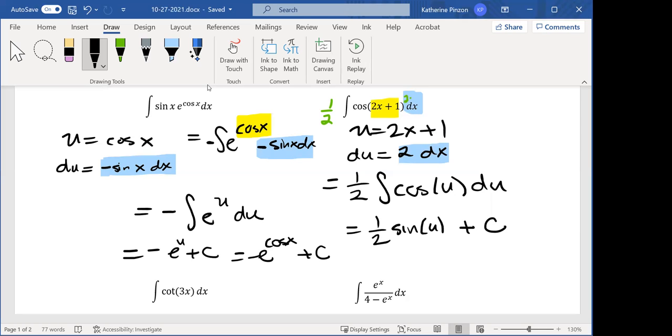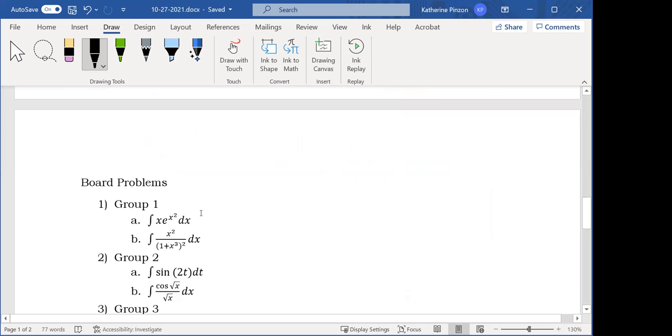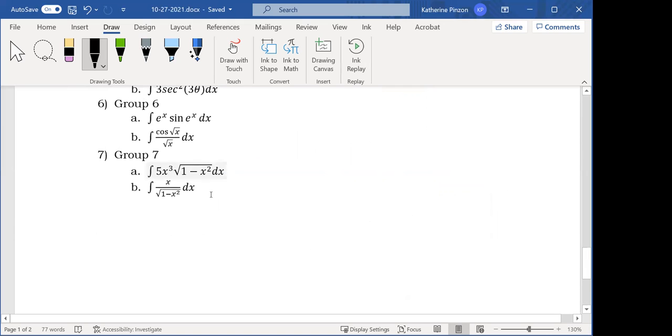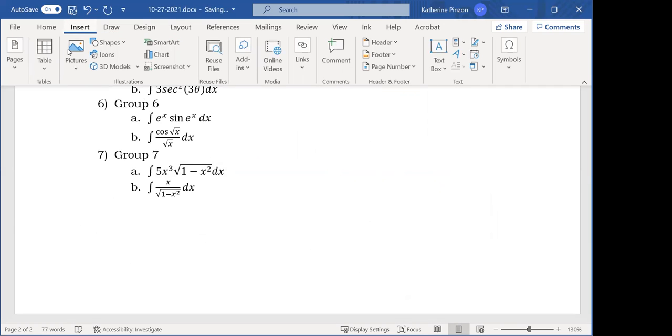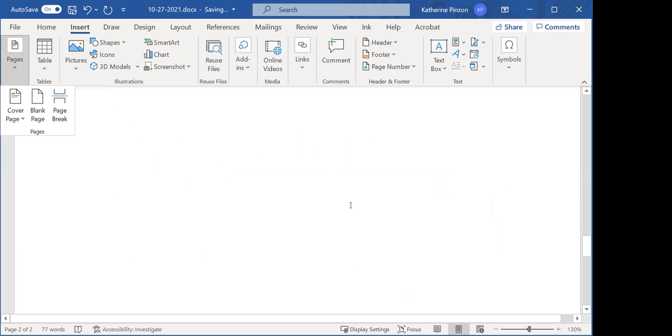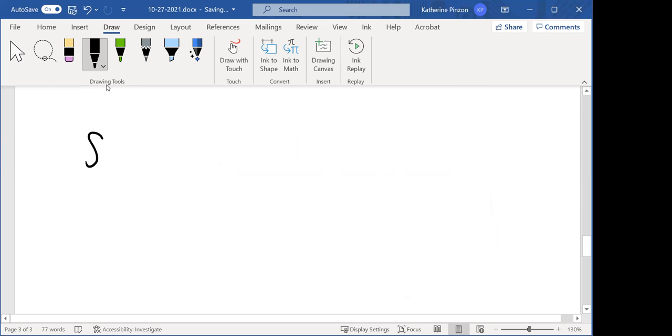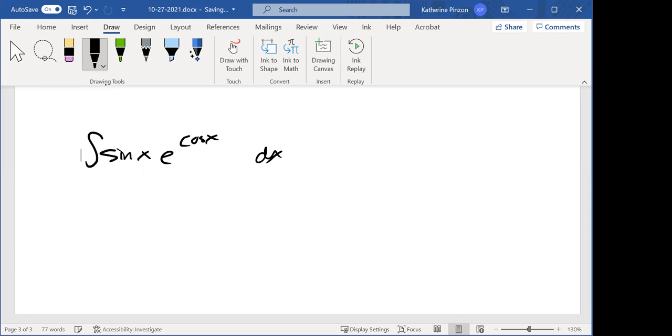I guess we could talk about it with this one. Let me get a blank paper. Was it sine x e to the cosine x dx? So if I let u be cosine x, then du is negative sine x dx.